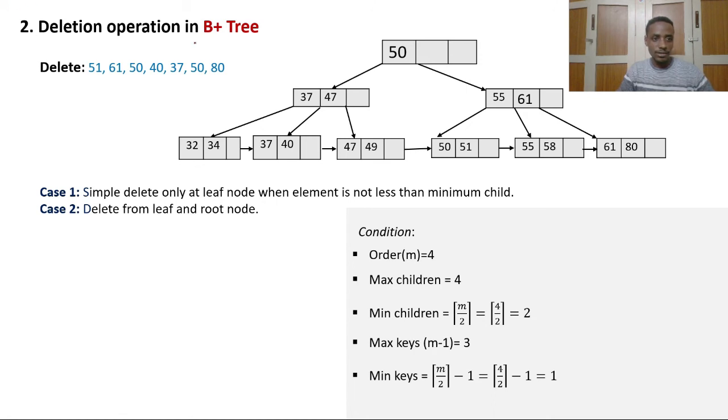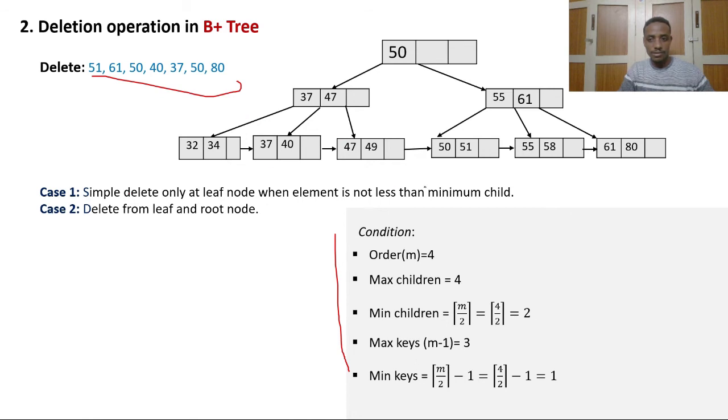Here is the deletion operation in B+ tree. We'll delete these values from the given tree, with the same conditions as before. There are two main cases while deleting in a B+ tree.